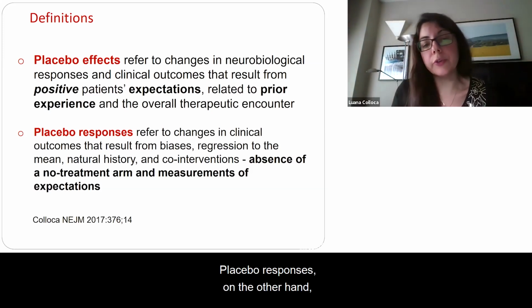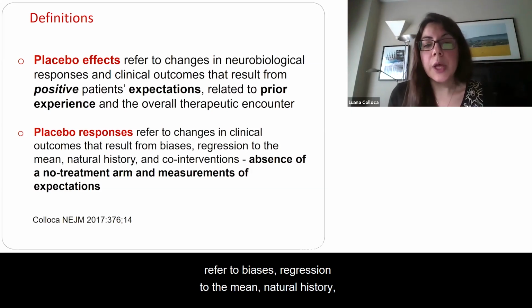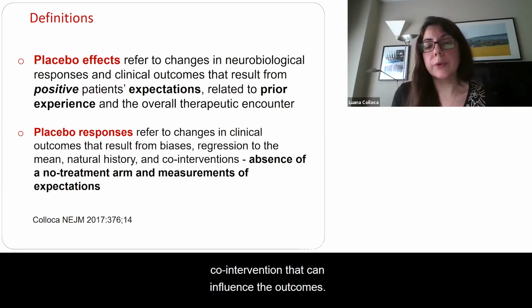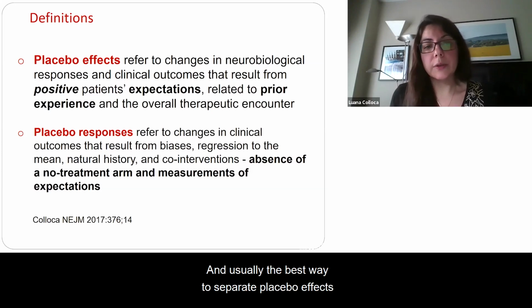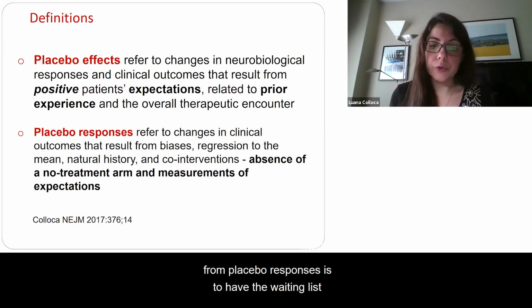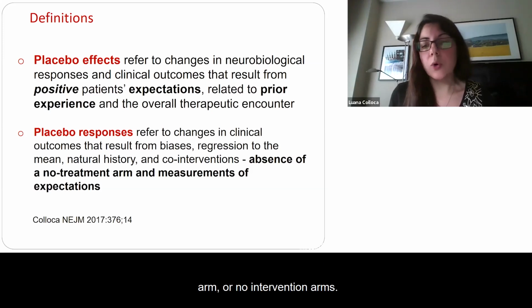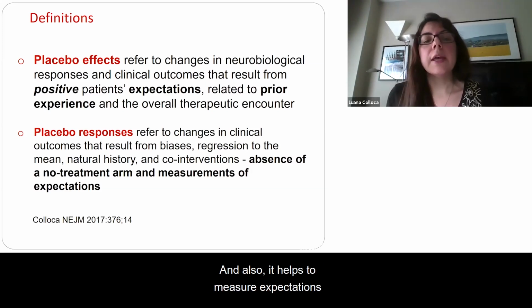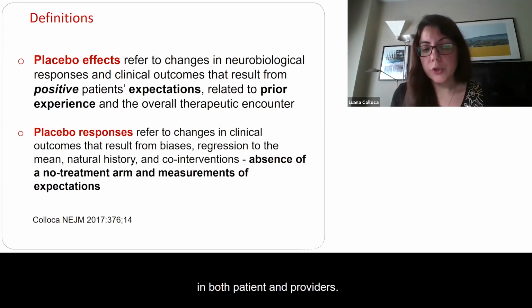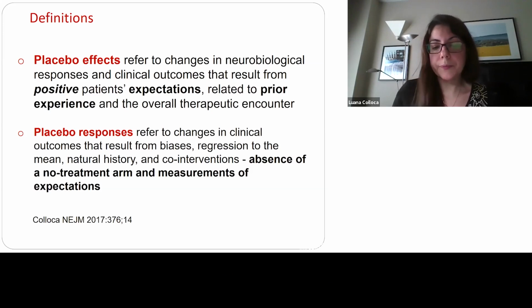Placebo responses, on the other hand, refer to biases, regression to the mean, natural history, co-intervention that can influence the outcomes. And usually the best way to separate placebo effects from placebo responses is to have the waiting list arm or no intervention arms, and also it helps to measure expectations in both patient and providers.